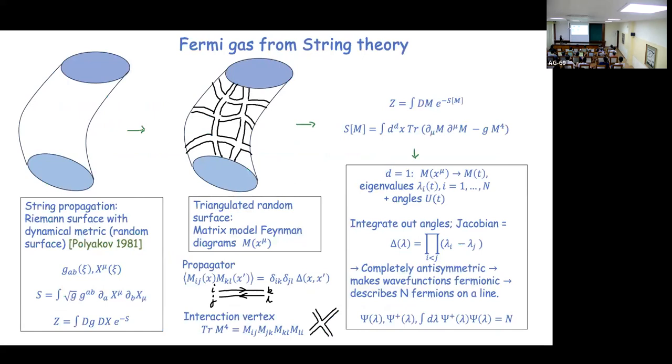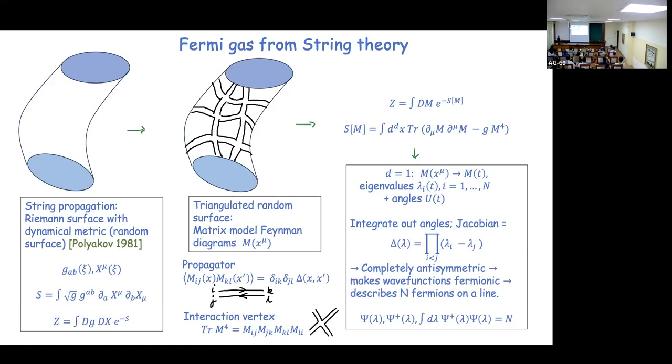Okay, so just one slide of string theory, on how this Fermi gas comes from string theory. String propagation is described in terms of fluctuating Riemann surfaces in which there are metric degrees of freedom on the world sheet. The summation is given by a summation of matrix model Feynman diagrams. Don't ask me how.